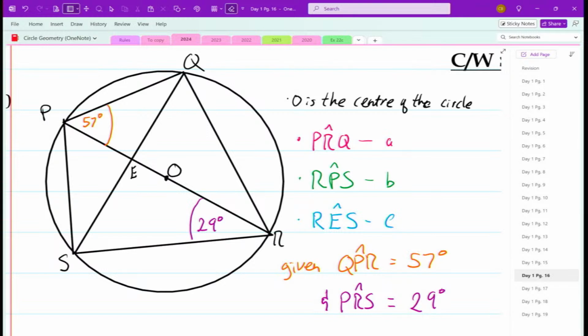I've seen a bunch of arrows. What's going on there?